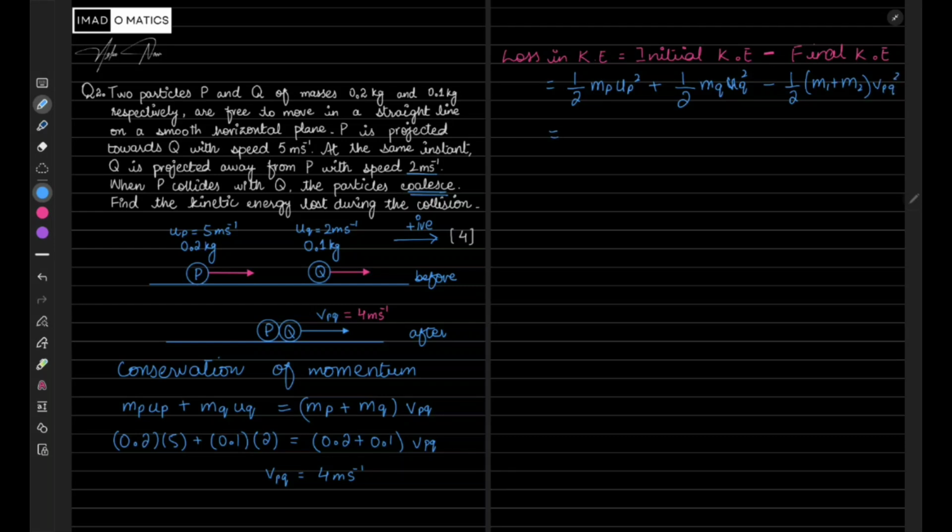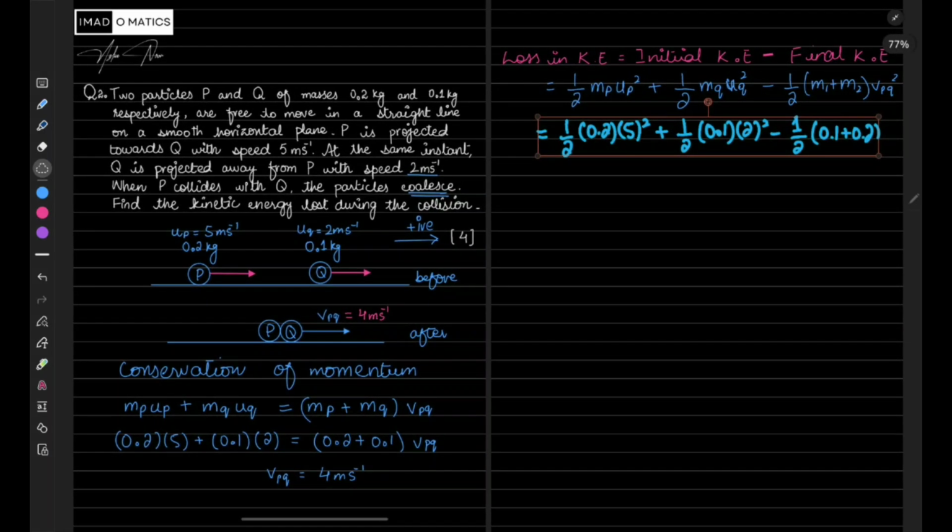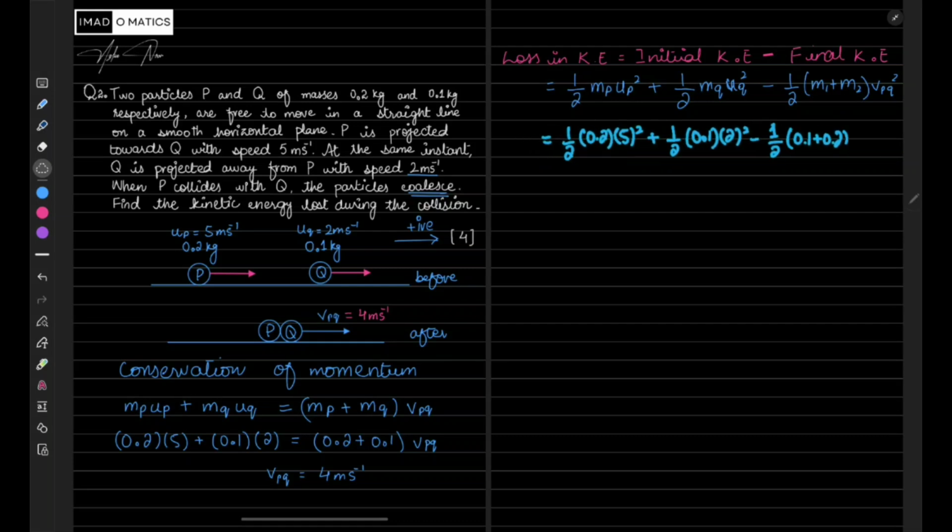Okay, now substituting in the values will give you half times 0.2 times 5 square plus half times 0.1 times 2 square minus half, the sum of the masses is 0.1 plus 0.2, that gives you 0.3. And what is the coalesced particle velocity, that is 4. So we will take that times 4 square.